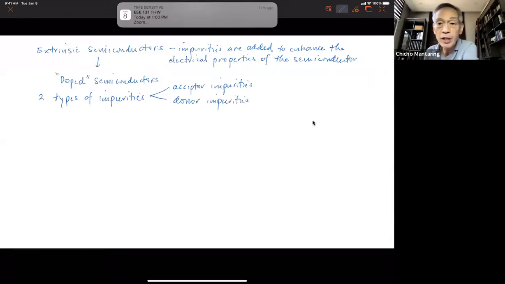Okay, so let's first discuss acceptor impurities. What are acceptor impurities? Acceptor impurities have three electrons in the valence band.